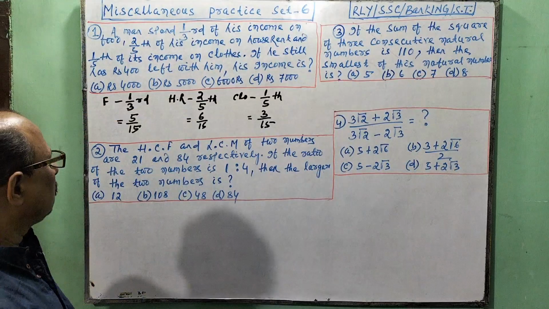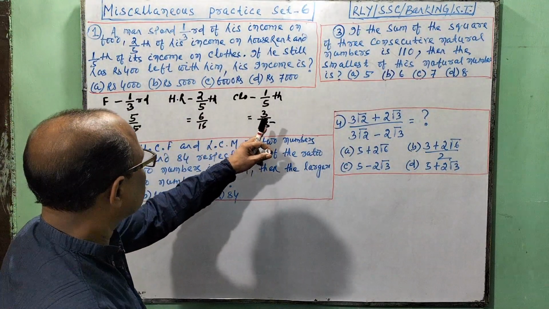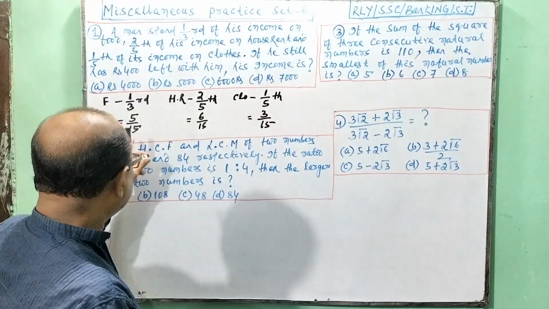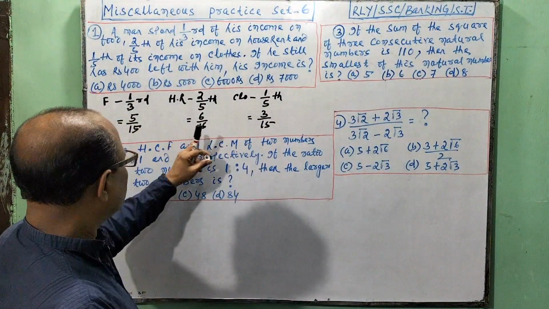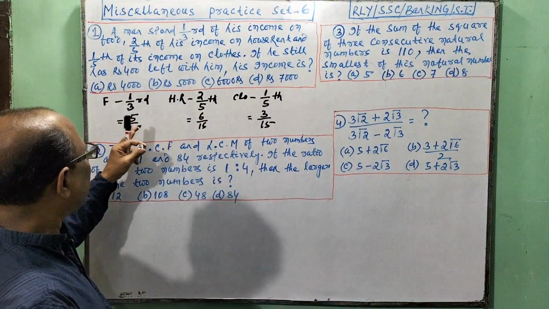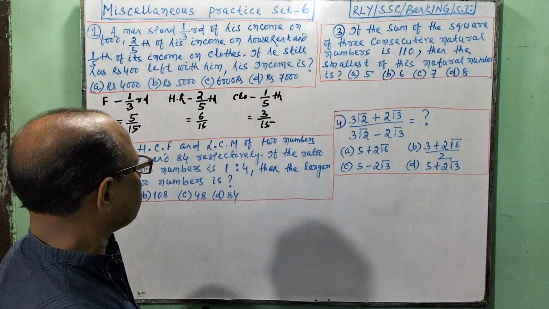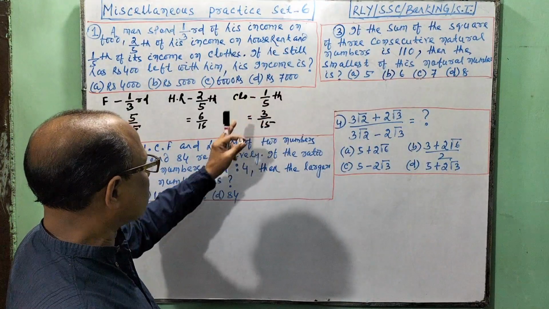So if we divide his income into 15 equal parts, 5 parts go on food, 6 parts on house rent, and 3 parts on clothes.